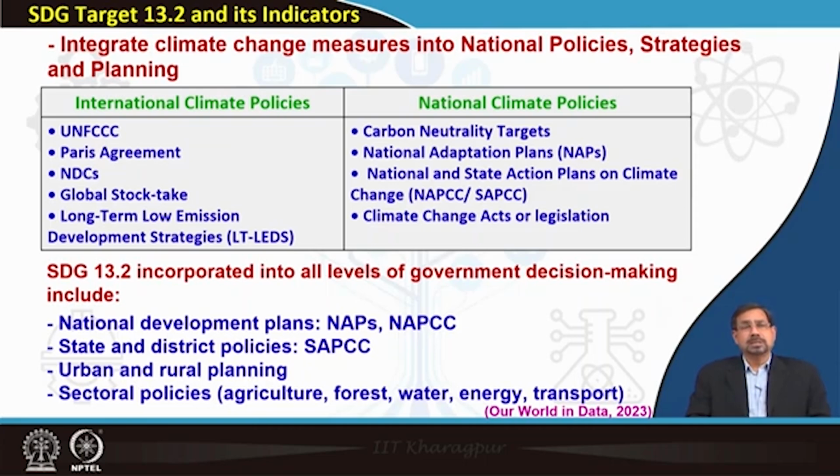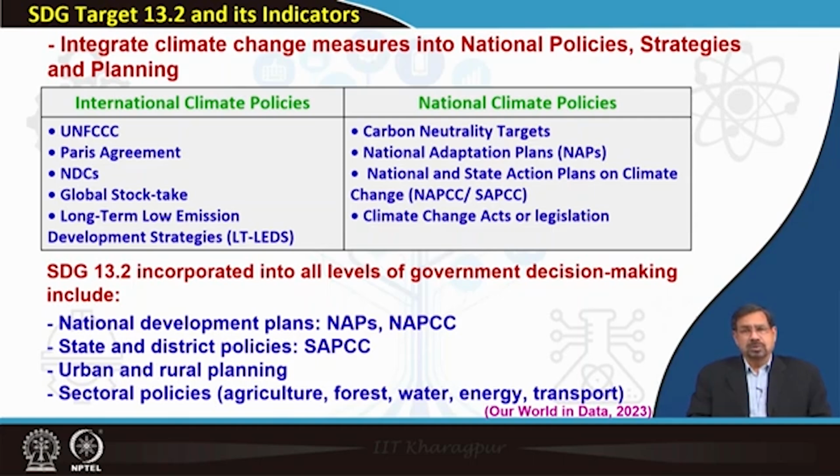The other important one is the Paris Agreement, Conference of Parties 21, held in 2015 in Paris, and NDCs, the nationally determined contributions, the global stocktake, and many other conventions.